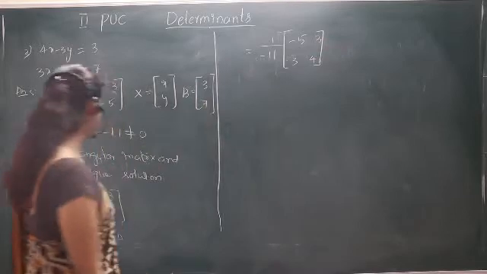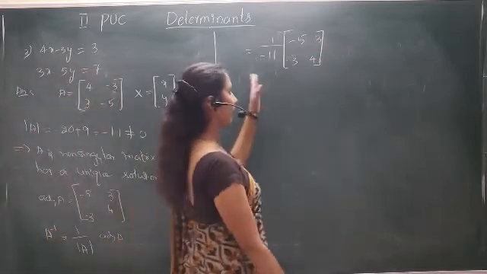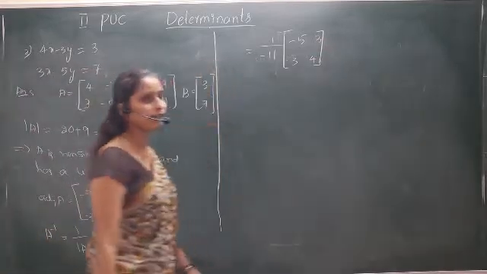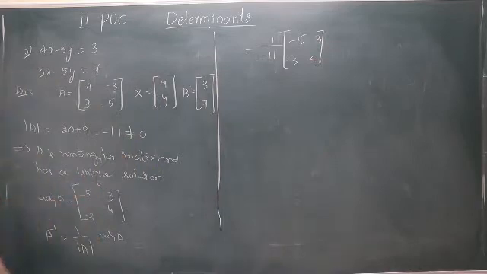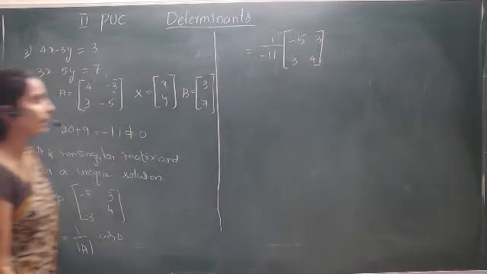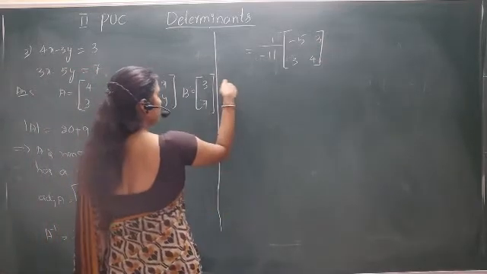Write it as it is, don't multiply or divide, because in the final step we can multiply. So keep as it is. This will be A inverse.